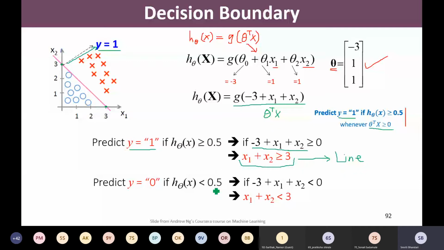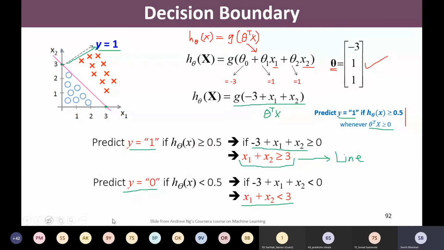And if my h theta x is less than 0.5, then what will happen? If h theta x is less than 0.5, that means theta transpose x is less than 0, then I come up with the expression x1 plus x2 less than 3. If this expression is satisfied, then I'll say that the class of the sample is y equal to 0.